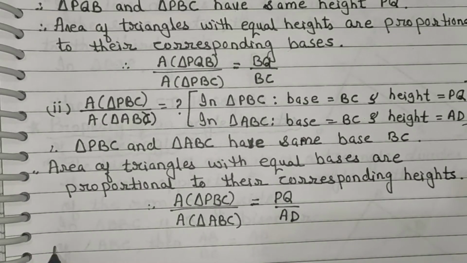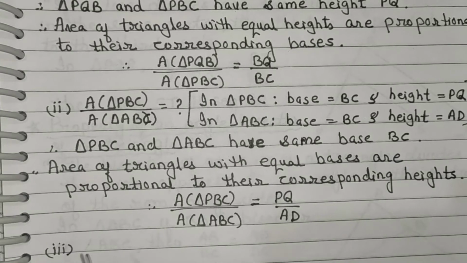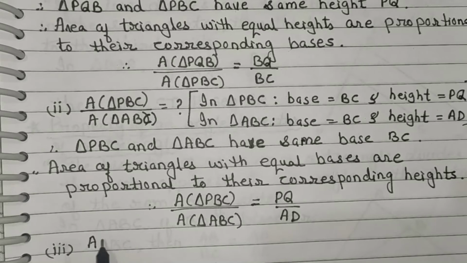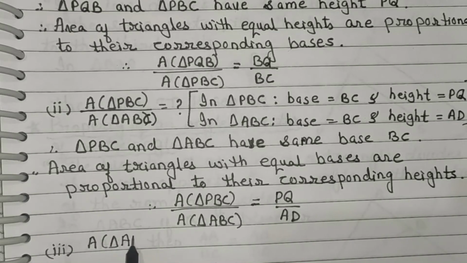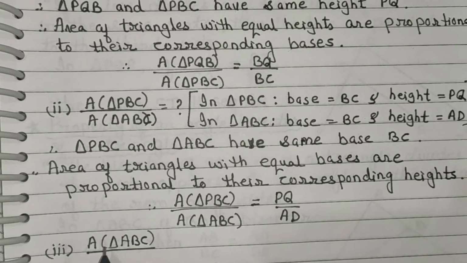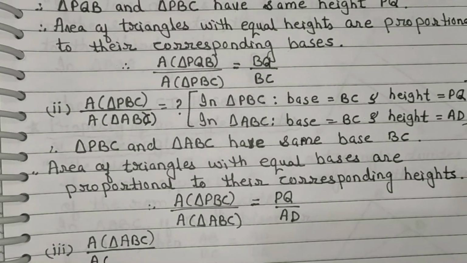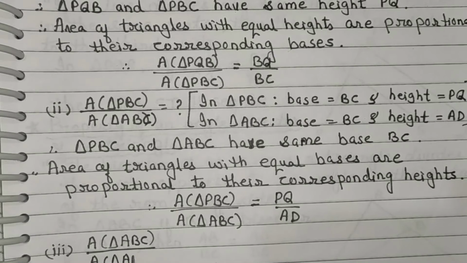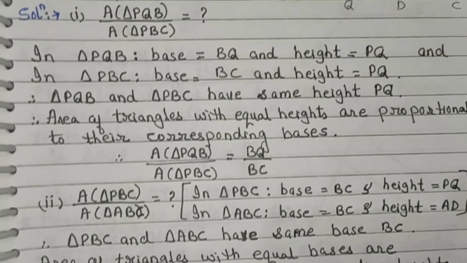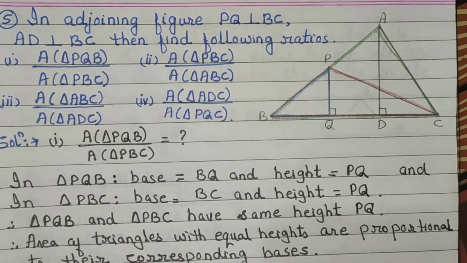Now third question is area of triangle ABC upon area of triangle ADC. Now look at the diagram.